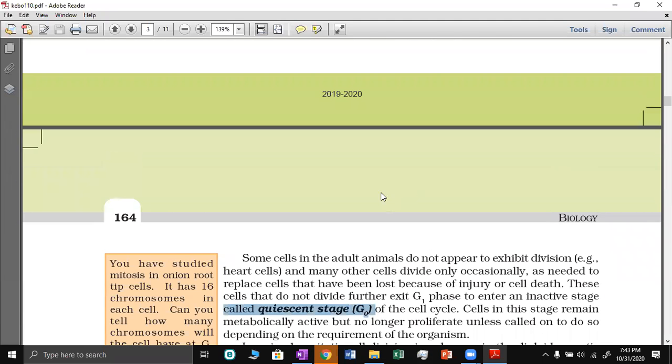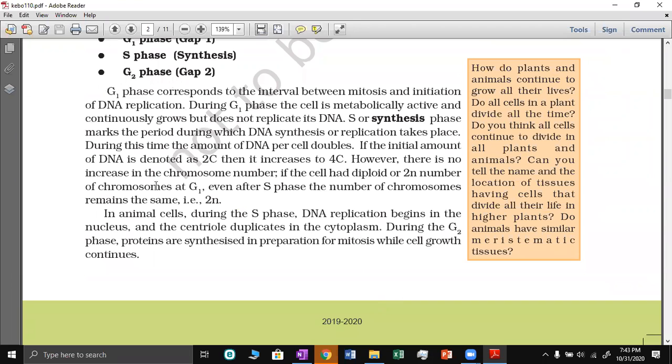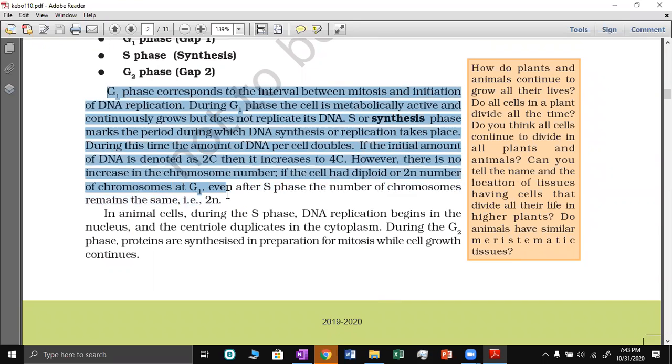This portion you should go through nicely. Okay, sir. Because what happens in the G1 phase, what happens in the S phase, what is 2C, what is 4C, in a cell which is going to divide.